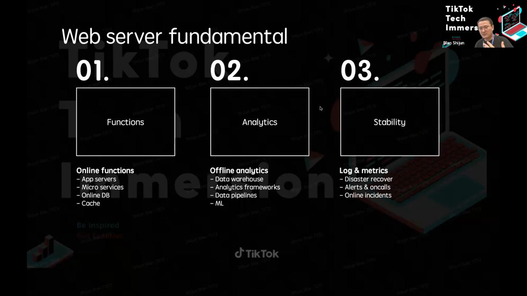And how do we achieve it? On top of the business logic, we need logs, metrics, and tracing systems. We need a plan for disaster recovery, a plan for alerts, a schedule for on-calls, and an SOP for online incidents. Then we have postmortems to review the online incidents and action items to take.